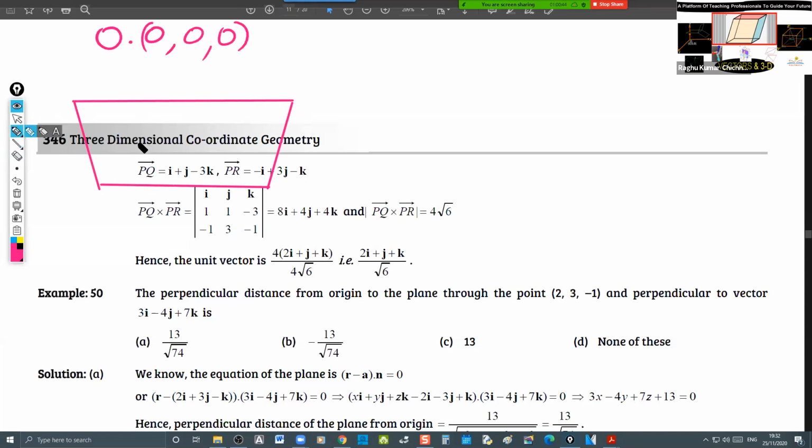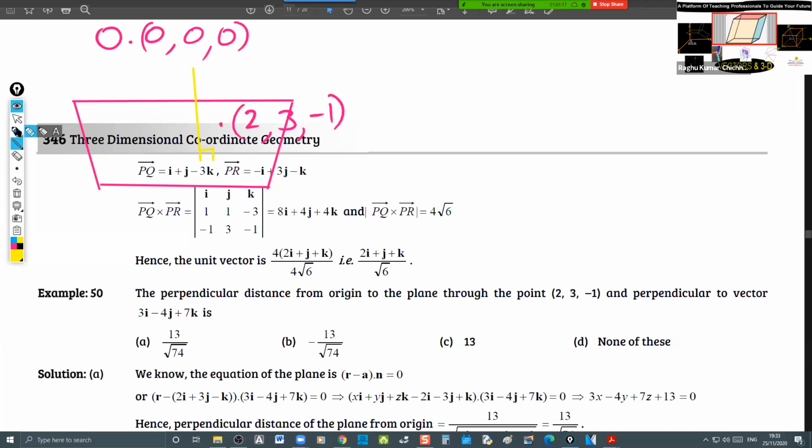It is given that it passes through a particular point, 2, 3, minus 1, and perpendicular to the vector given. This plane is perpendicular to a particular vector. Let me say this is the perpendicular vector.